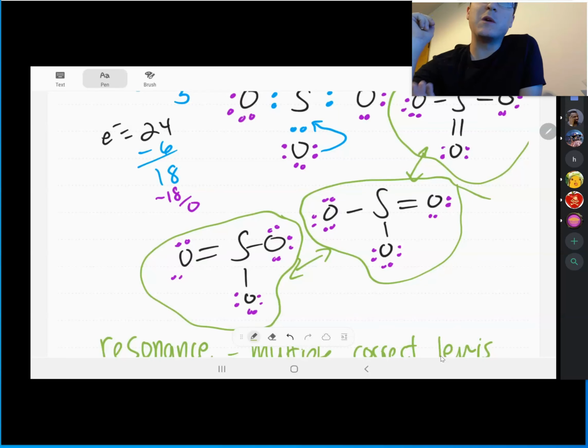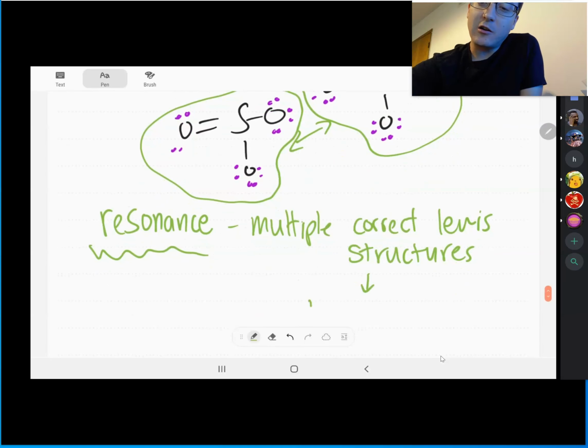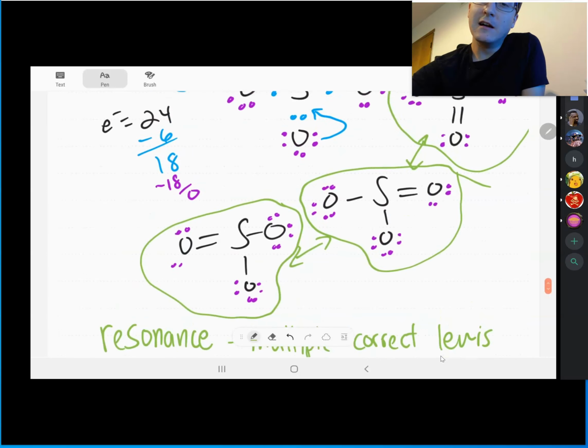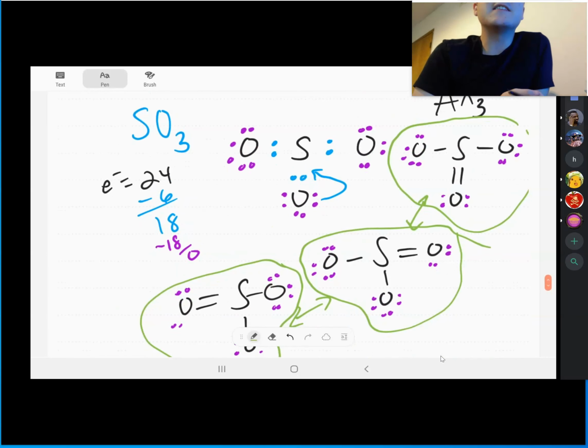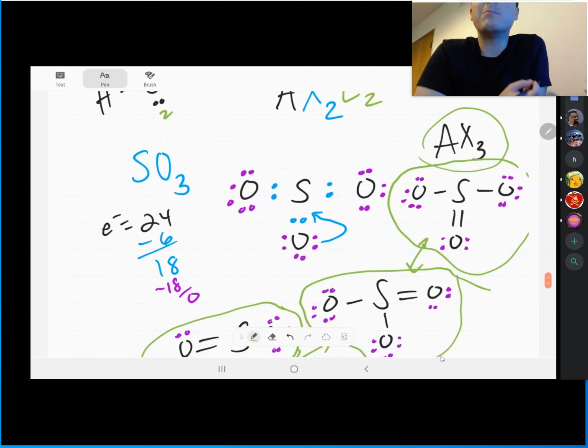It just depends which one you take that extra lone pair from to make that double bond. And we would call these resonance forms. The multiple structure ones are called resonance forms. All right, so in this case, sulfur trioxide has 3 resonance forms. And all 3 of them follow this AX3 pattern. All right, is that okay so far?